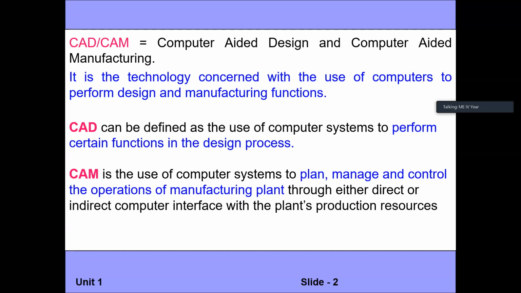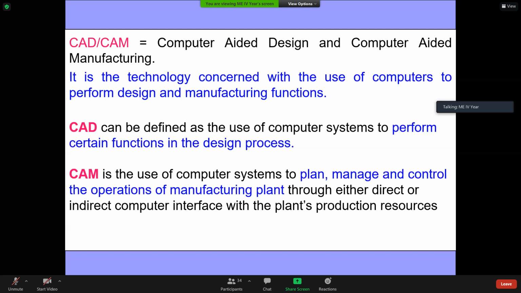Now, the purpose of CAD/CAM in industry is only for the sake of increasing productivity. Increasing the productivity, and how it will be helpful is to make the drawings and to simulate your manufacturing process and all. These systems are very important.